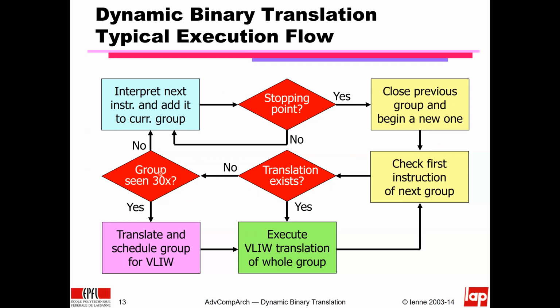And the whole idea is that as soon as I've seen a group a sufficient number of times, and therefore I understand that this area of code is important performance-wise because I'm executing it many times, what I do is that I take a big detour.